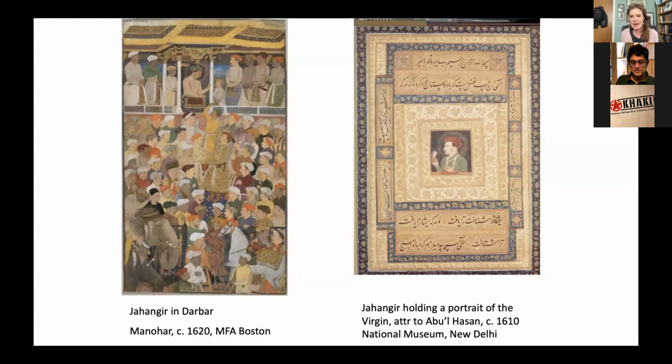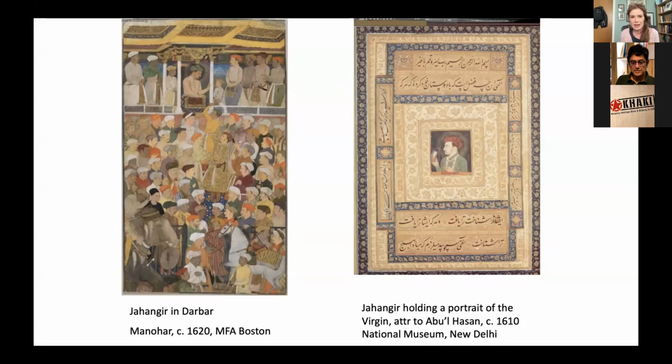And we see how the motif of the Virgin Mary is drawn into dynastic imagery, where Govind Bailey originally and Ebba Koch, many other scholars have really talked about the Virgin Mary as an expression of female rulership and female dynastic identity in the Mughals.